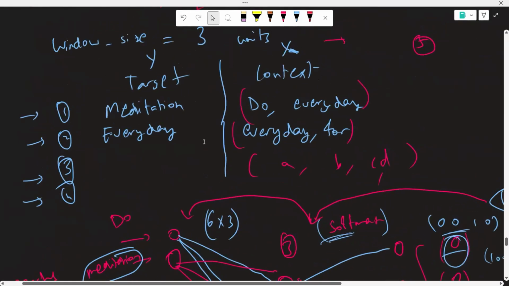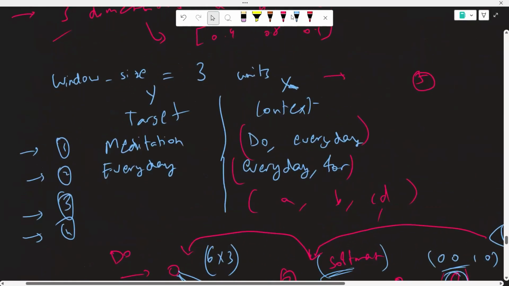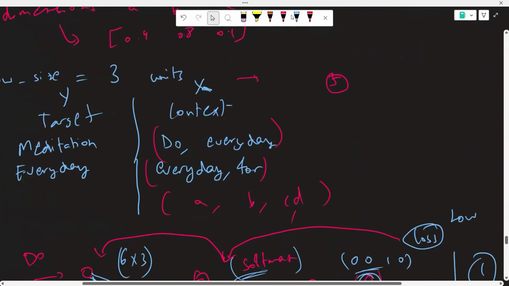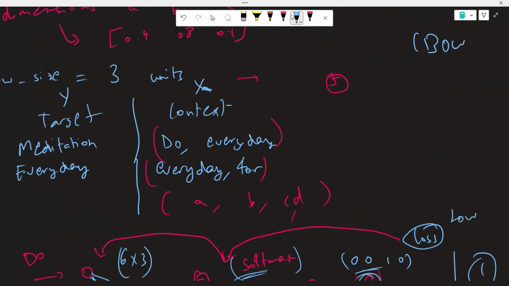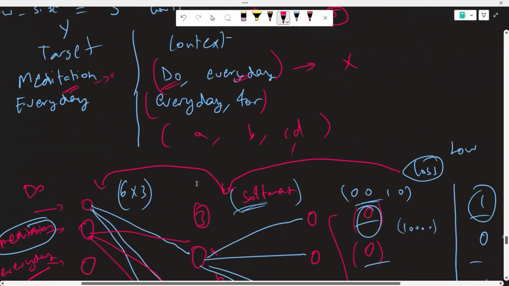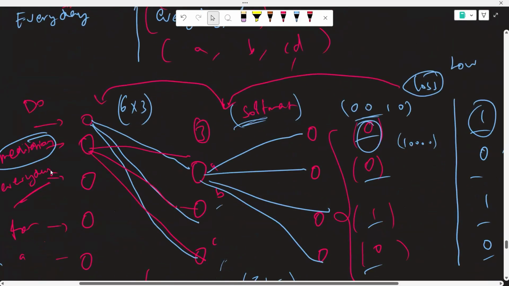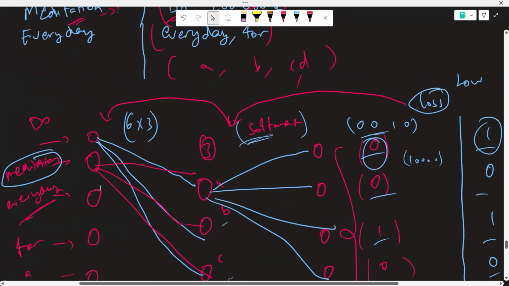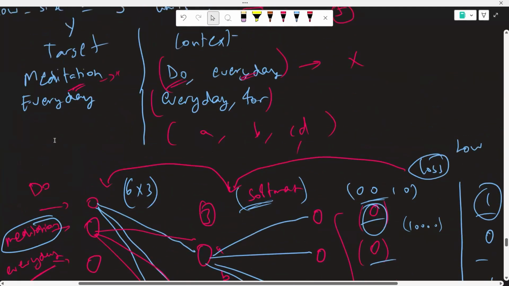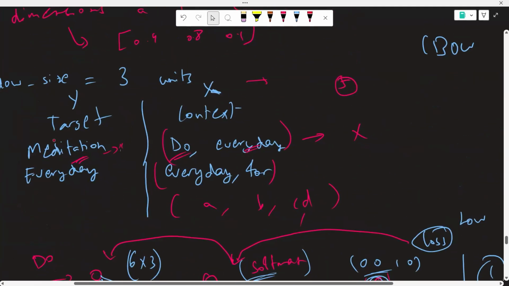For example, this is for continuous bag of words. If I want to check the representation for meditation, I will pass do and every day. As we discussed, this is your X and this is your Y. You'll pass do and every day, you will trigger the neurons of do and every day, you won't trigger everything, and you'll get the representation for the target meditation. So here you are predicting.